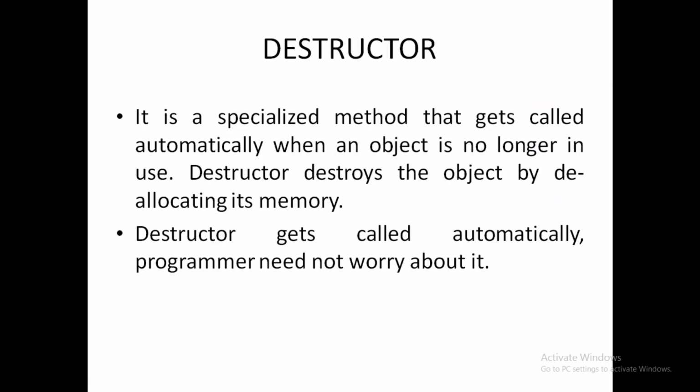Okay, now along with constructor there is another special kind of method available in Java, named destructor. To understand the use of destructor, we have to consider the case where we are creating lots of objects inside a program. If a class is available, there is technically no restriction on how many objects we can create. We can create thousands, even lakhs of objects from a class.